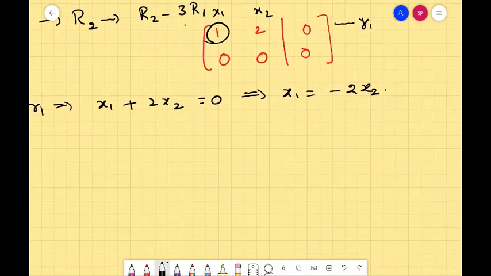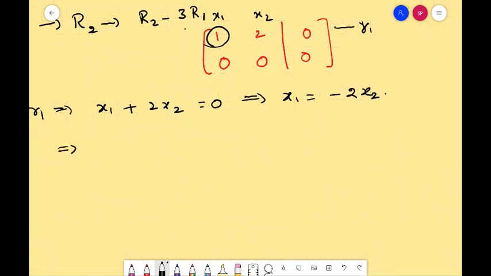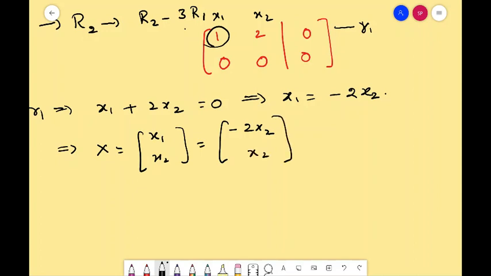So the vector x is equal to x1, x2, where x1 is minus 2x2 and x2 remains the same x2. So I will write it as x2 into minus 2, 1.